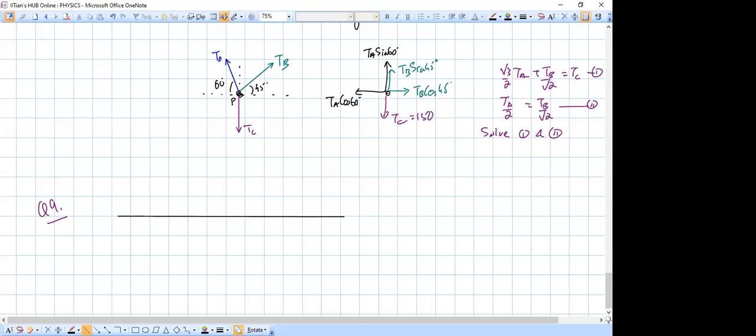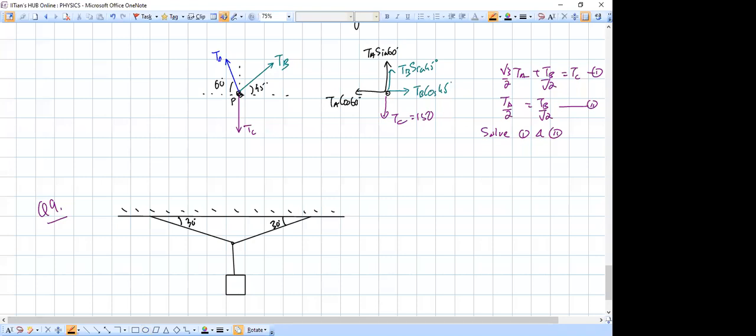But this time the two strings are at a symmetrical angle of 30 degrees each with respect to the horizontal. So this angle is 30, this angle is 30.